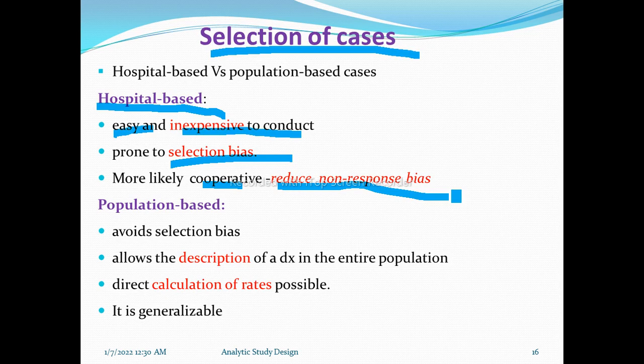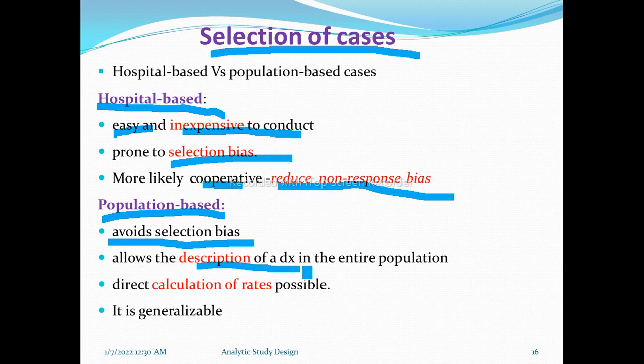Selection bias means that the diseases in the hospital may not be representative of the general population. So when we select cases from the population, selection bias is avoided, because the cases are found in the population, so they are representative.